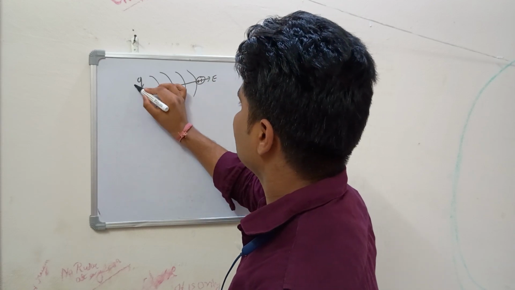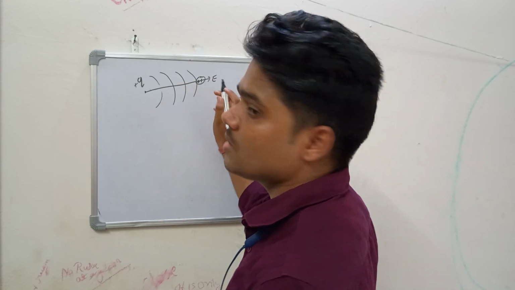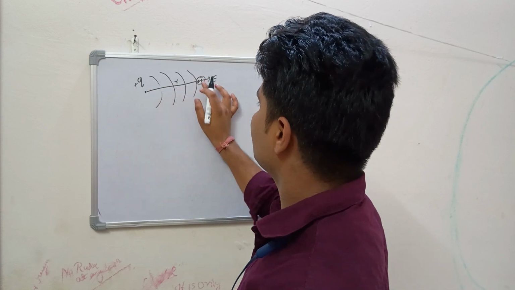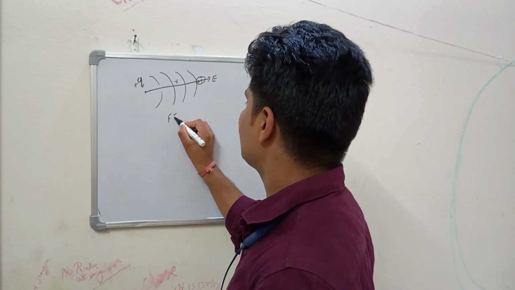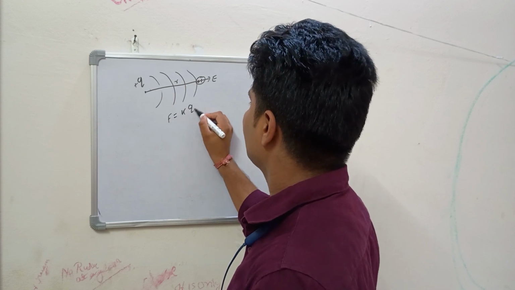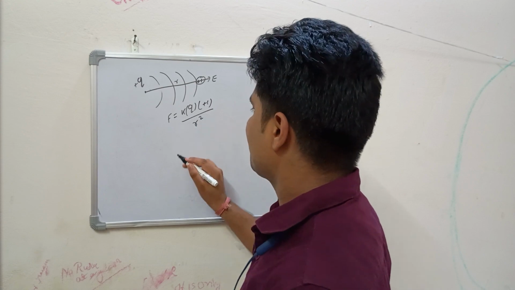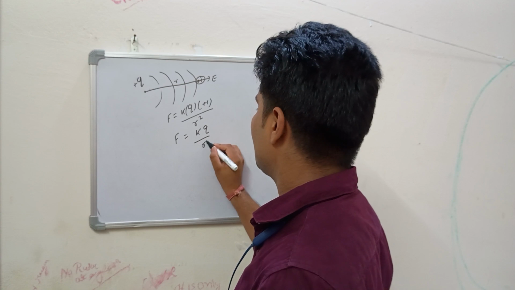If the charge is also positive, and the distance between the plus 1 charge and Q is r, then the force acting on the plus 1 test charge will be F equals K Q by r square.